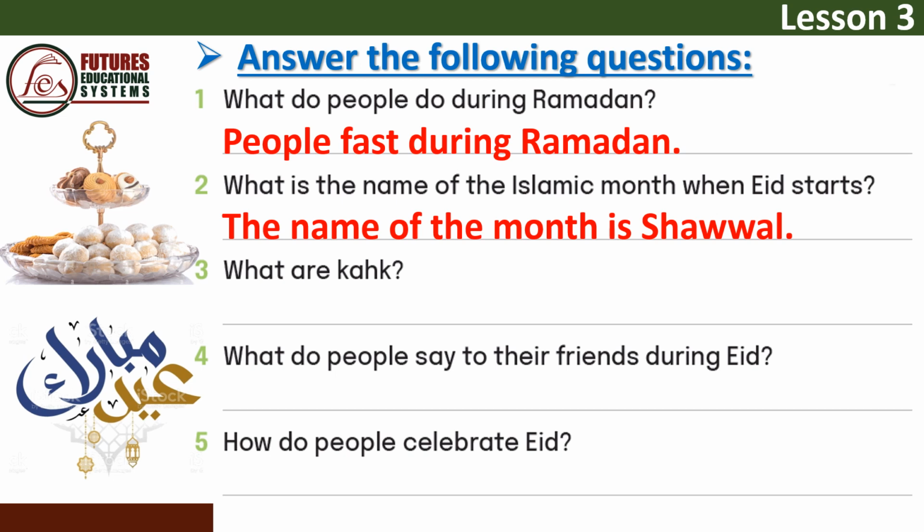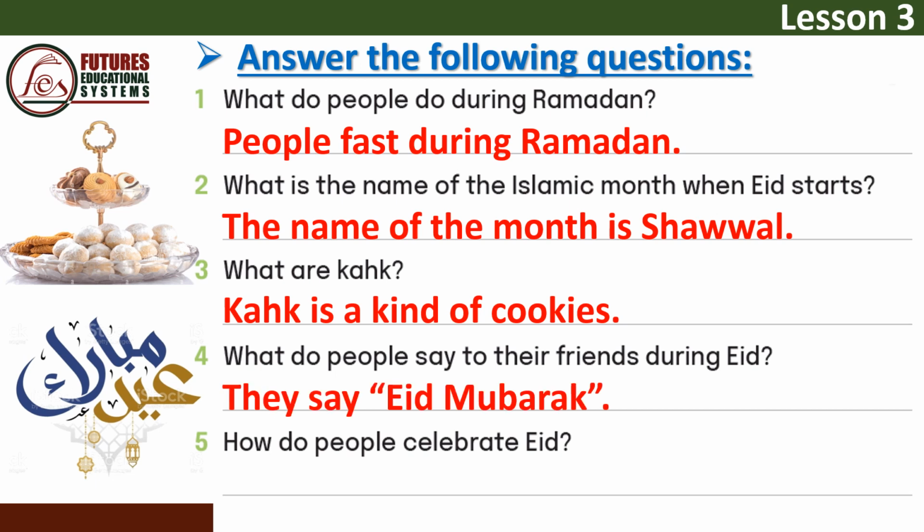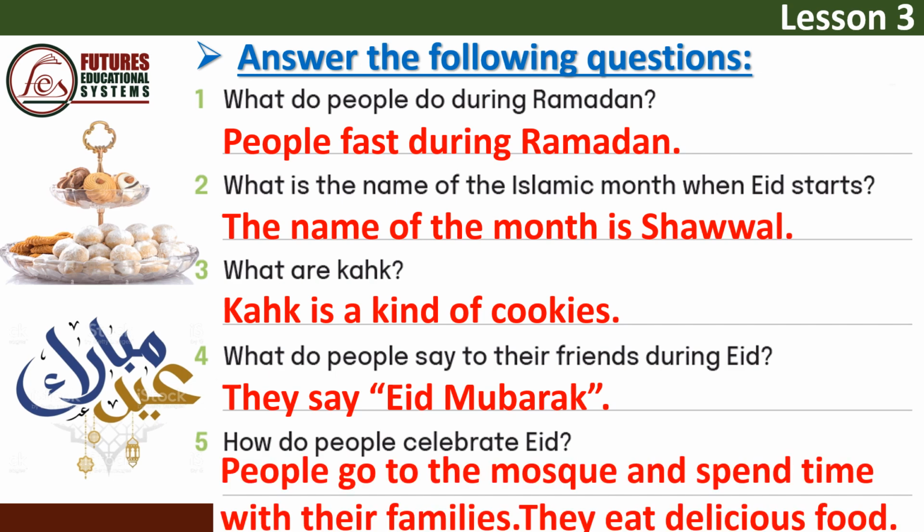Correct. What are kahk? It is a kind of cookies. What do people say to their friends during Eid? Eid Mubarak. How do people celebrate Eid? People go to the mosque and spend time with their families. They eat delicious food.